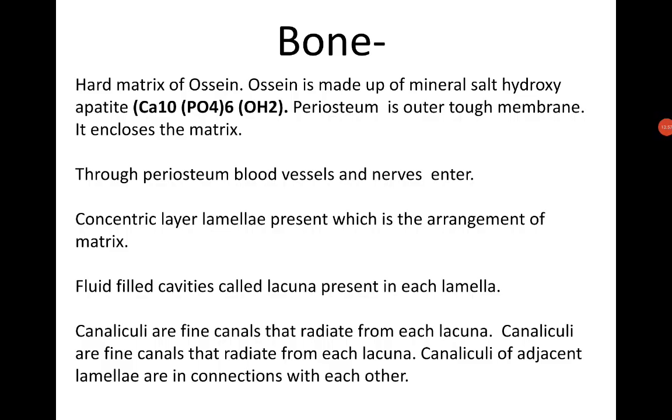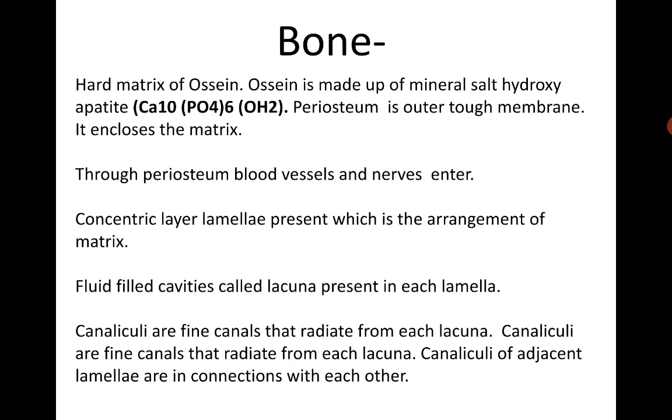Bone is the hardest tissue of the body. The hard matrix of bone is made up of a mineral salt called hydroxyapatite, which is the chemical name of bone. Calcium, phosphate and hydroxyl elements are present inside the bone.